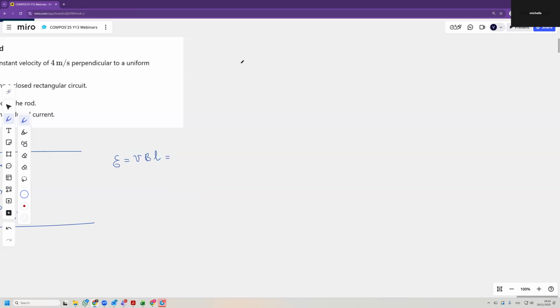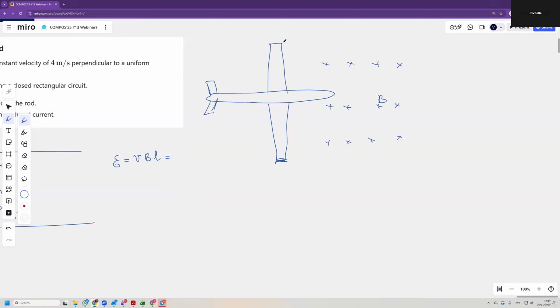You can imagine an airplane flying through the air, and there is the magnetic field of the Earth, B. One wing will become negatively charged and the other wing will become positively charged, and that's a voltage. If you register that voltage with a voltmeter, that's motional EMF. Does that make sense?